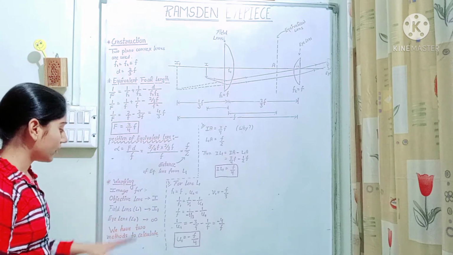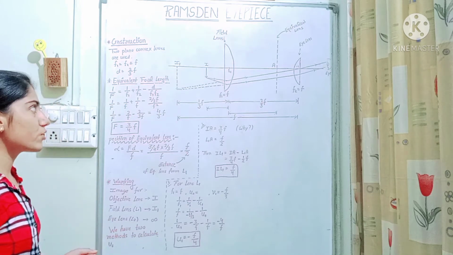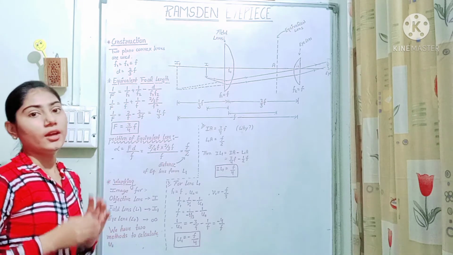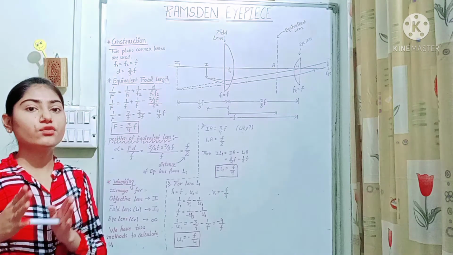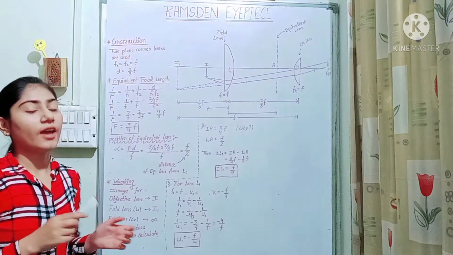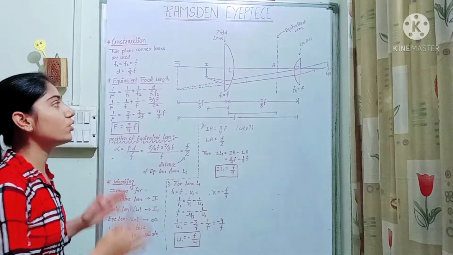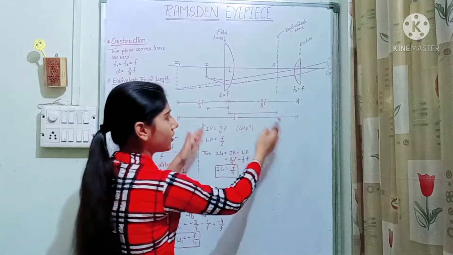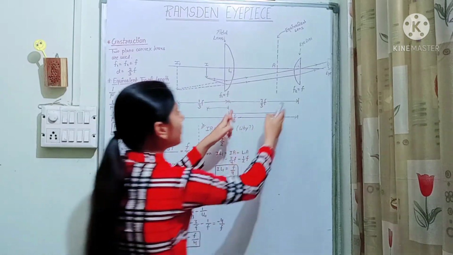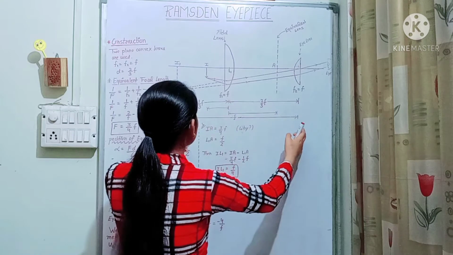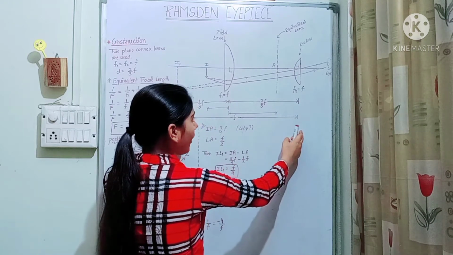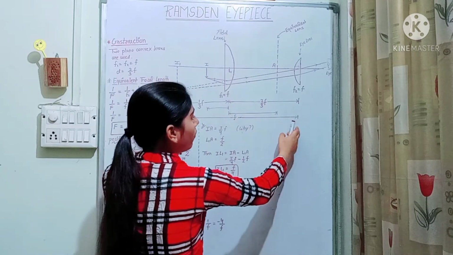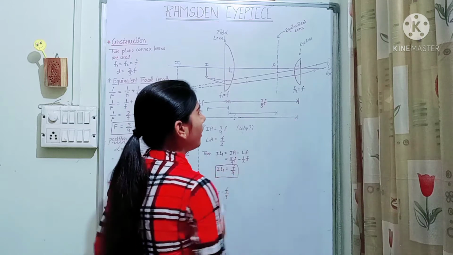Now we are interested in finding the object distance for the field lens. Actually, we are interested in finding all these distances. We know this distance is 2/3 f and this is small f. How do we know that this is f?